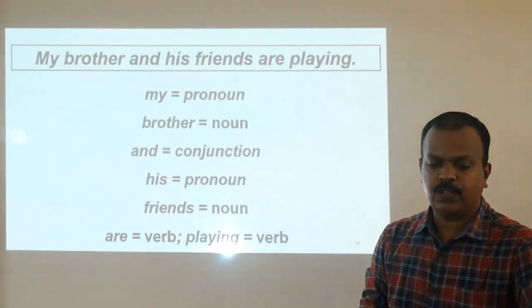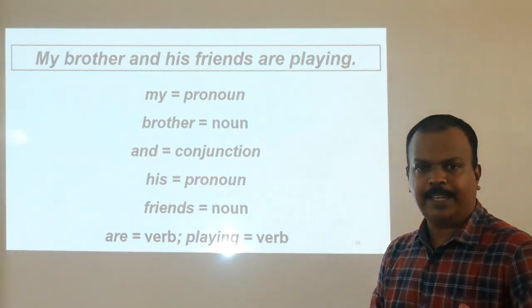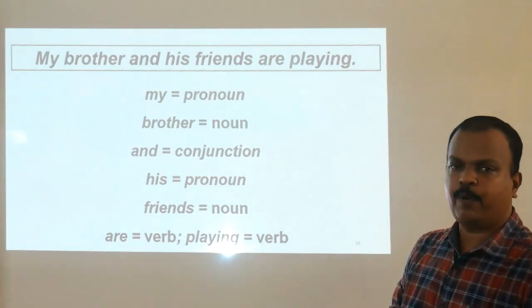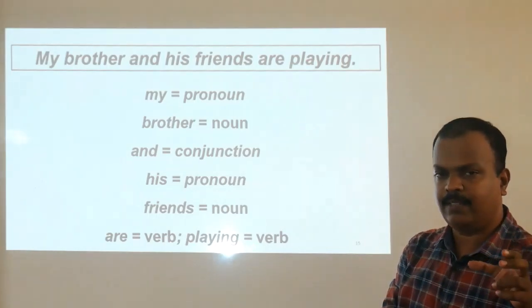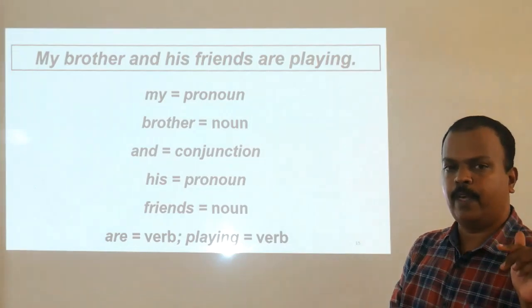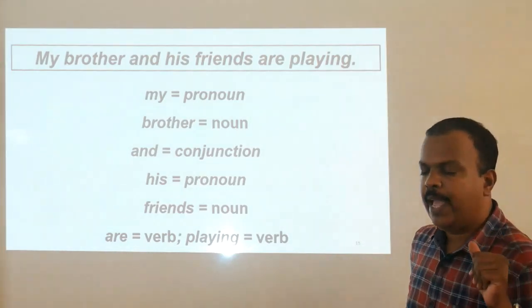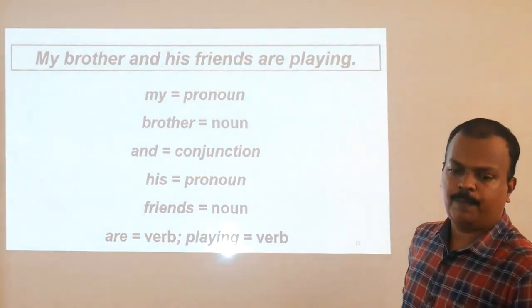Here is another sentence. My brother and his friends are playing. Let's break it down and then see. My is a pronoun, it comes from the basic form of the pronoun I. I has become my. My brother. Brother is a noun, and is a conjunction. We already talked about how conjunctions work, they connect.